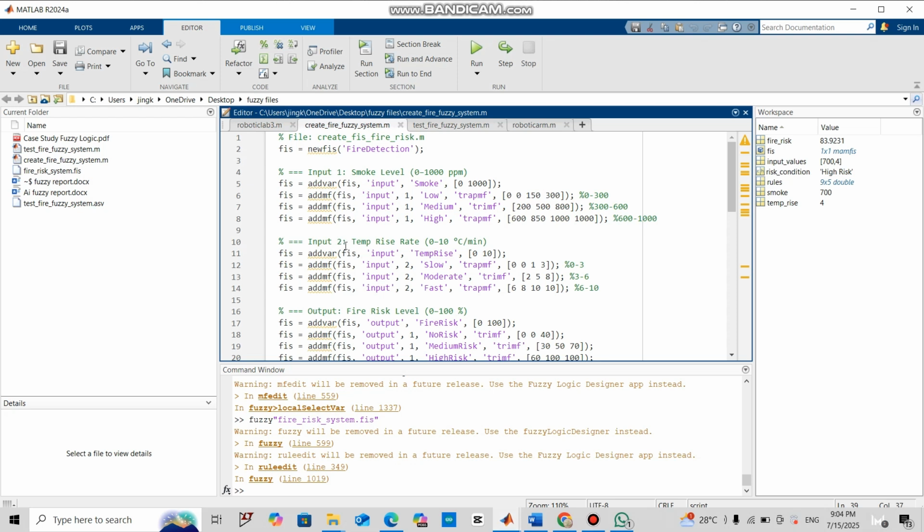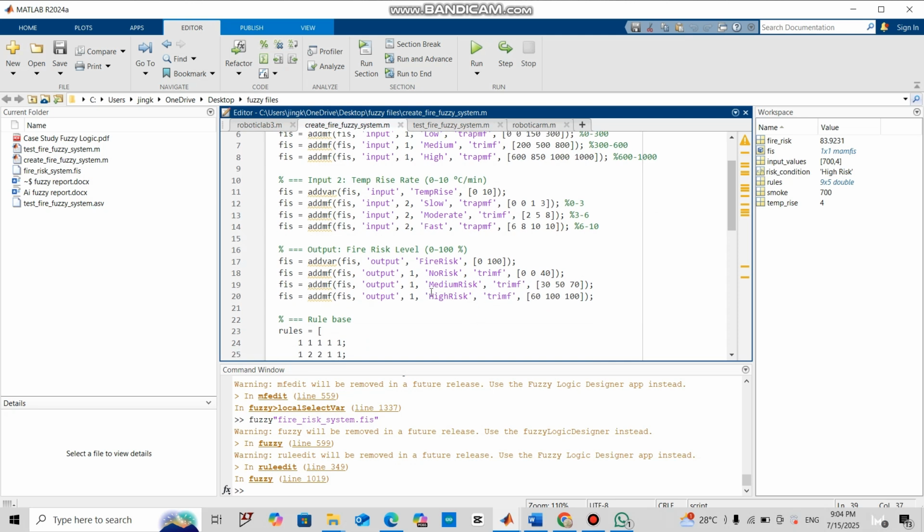For input 2, temperature rise rate, the slow range is between 0 and 3, the moderate range is 3 until 6, and the fast is between 6 until 10. For the output, the fire risk level, the range is between 0 and 100%.